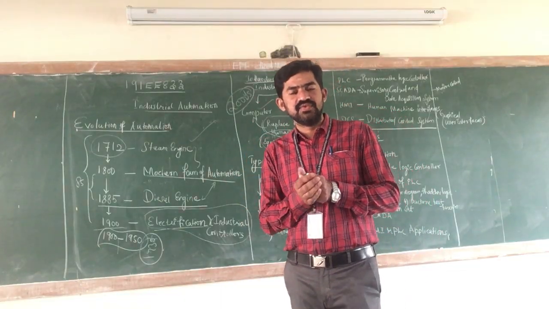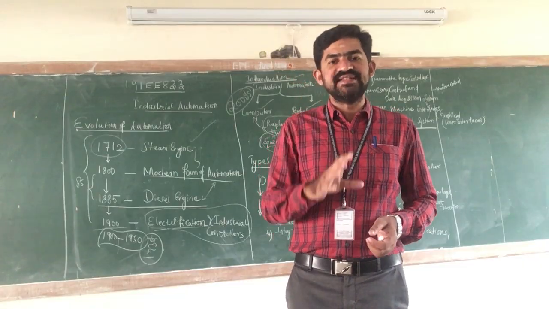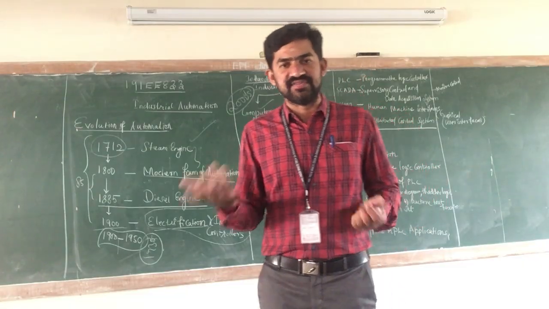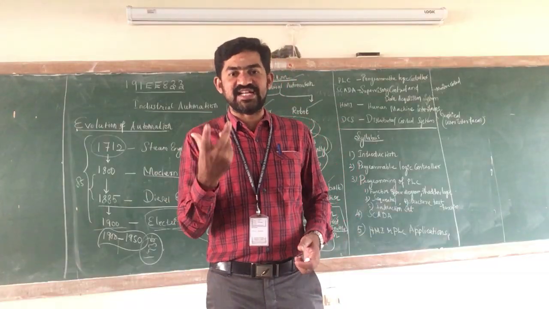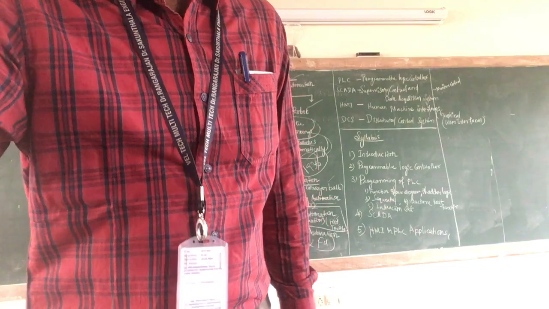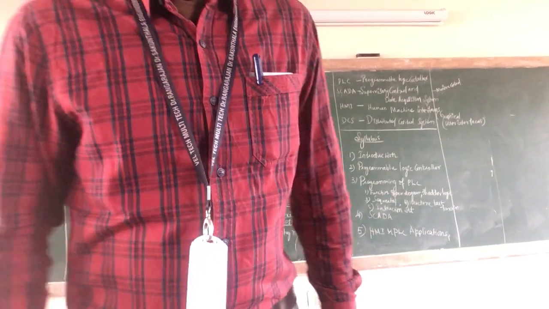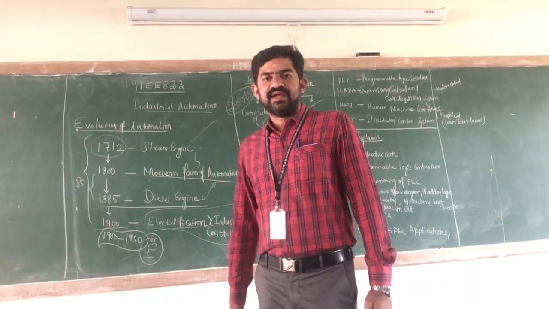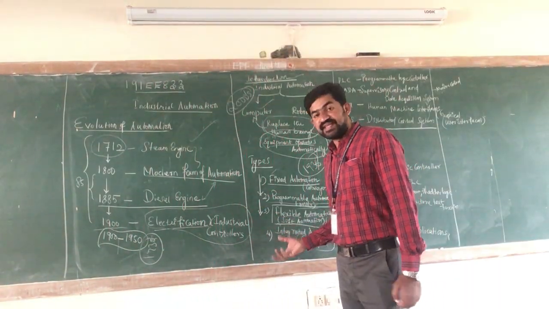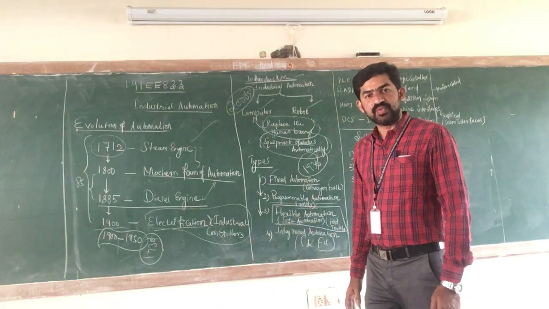That means there is zero human involvement. Based on the design it takes 30, 40 or 45 minutes, and after that we get the exact product with no error. That is the best example we take for the integrated automation process.